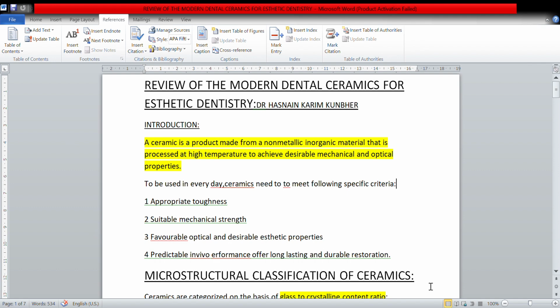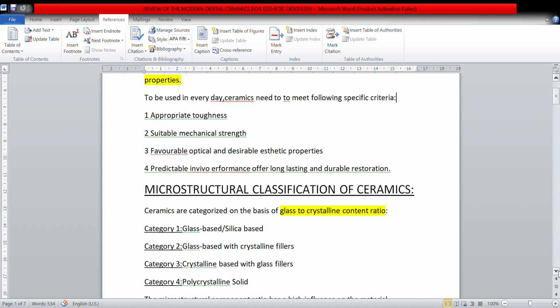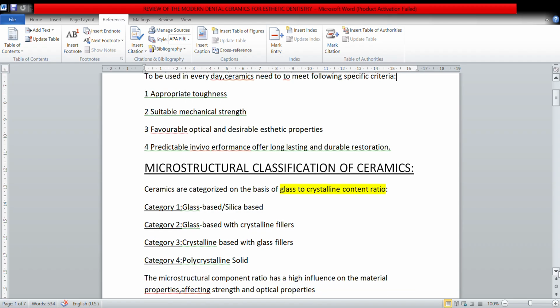There are different classifications of dental ceramics, but here I am going to discuss on the basis of glass to crystalline content ratio. So there are four categories based on glass to crystalline ratio. Very first category includes purely glass based material, also known as silica based.